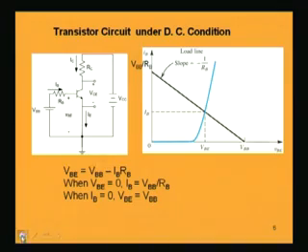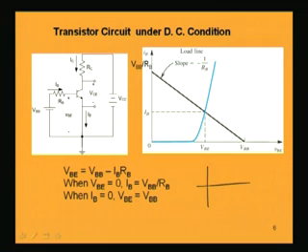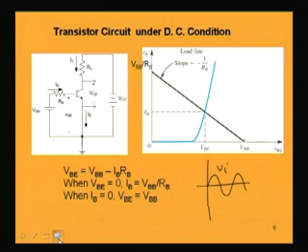Meaning is that, suppose we are trying to amplify a small signal, say for example a sinusoidal signal, then the output which we will be getting at this collector point, that is V naught with respect to ground, if we see V naught in the oscilloscope, I must get a voltage which is exactly in the same shape as the input voltage, but it is to be magnified.